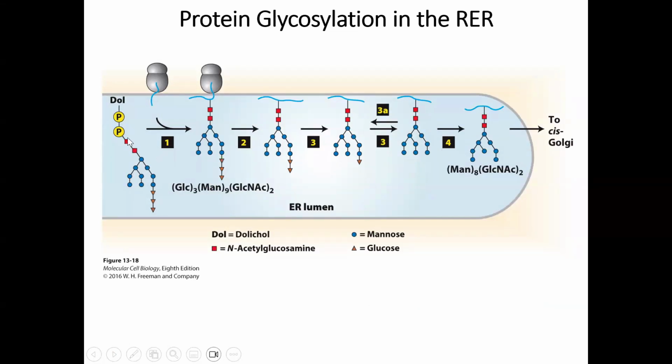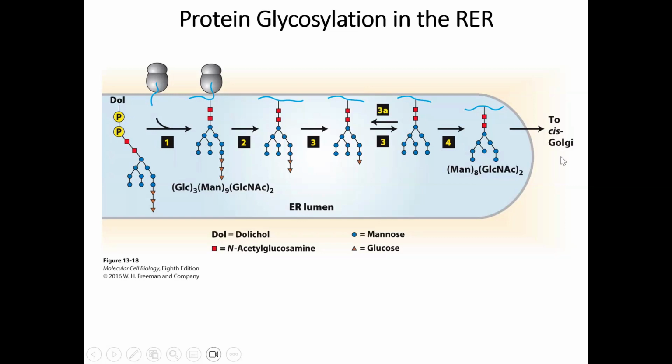That is essentially the structure. And then gradually you are seeing that it is essentially trimmed, and all the glucoses are gone. And here you have 2 N-acetylglucosamine, and you have 1, 2, 3, 4, 5, 6, 7, 8 instead of 9. Once this trimming reaches 2 N-acetylglucosamine with 8 mannose, this is ready to go to the Golgi.